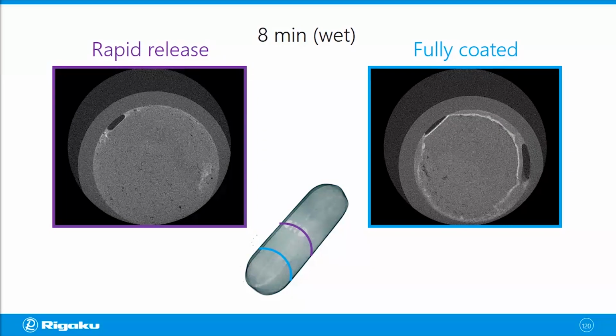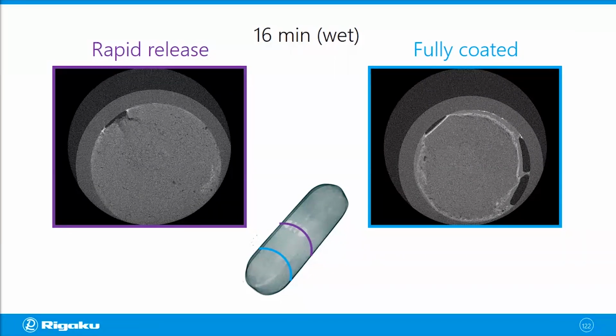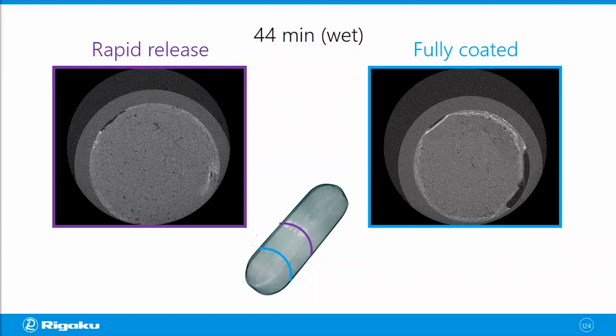This is 8 minutes, 12 minutes, 16, 32, and 44 minutes later, now you see this layer dissolving. This is a change that happened in 44 minutes, and this happens pretty fast, but you can still see it.